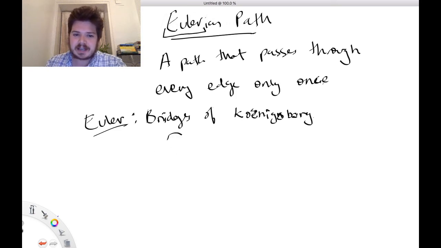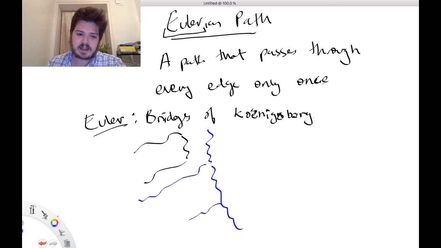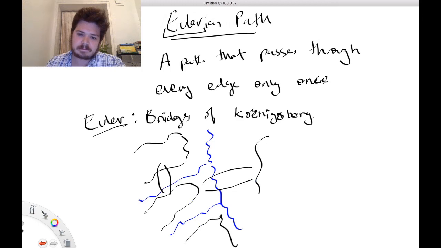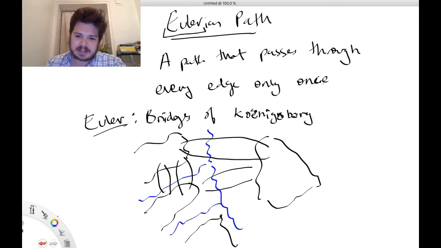And there's a river that passed through the town. And there were bridges between the land masses in the town. So, my not great representation or drawing of the problem, but it's the general idea.